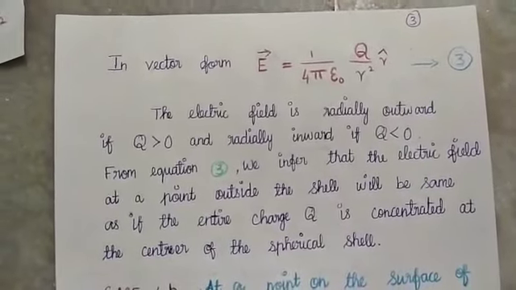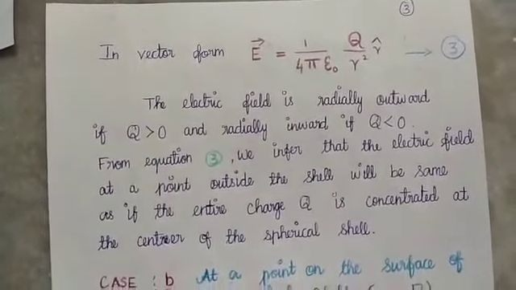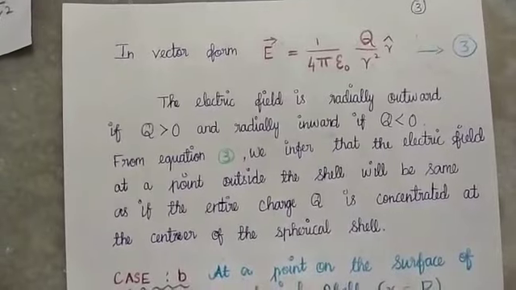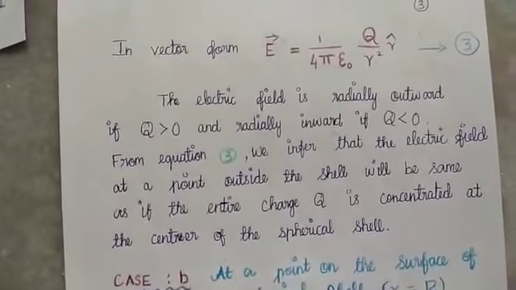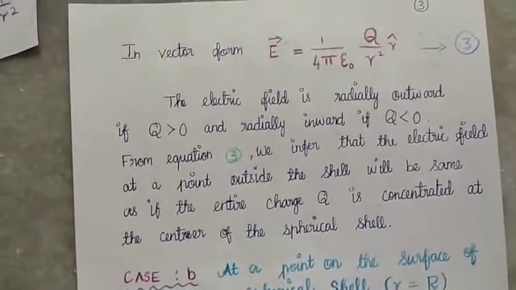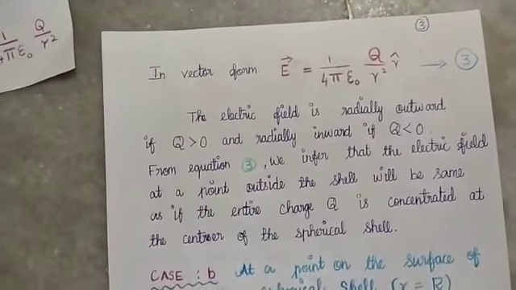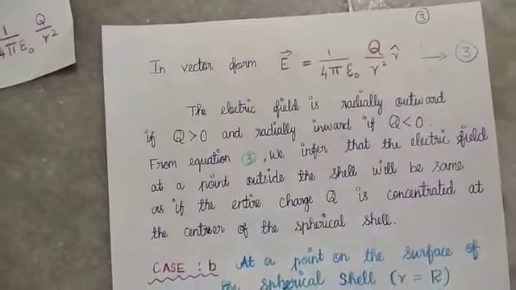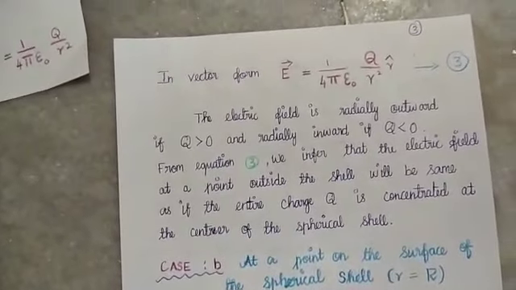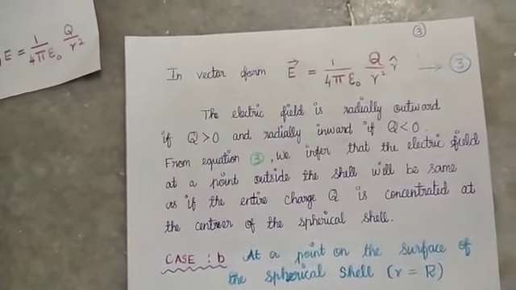The field is outward from the sphere if the charge is greater than 0, and the field directions are radially inward, that is, going towards the sphere, if the charge q is less than 0.